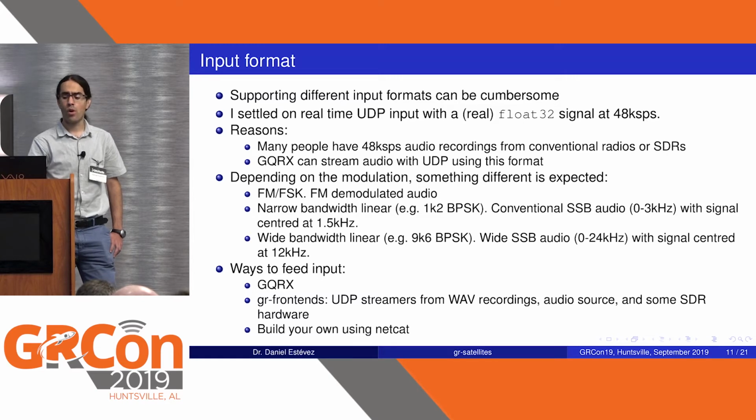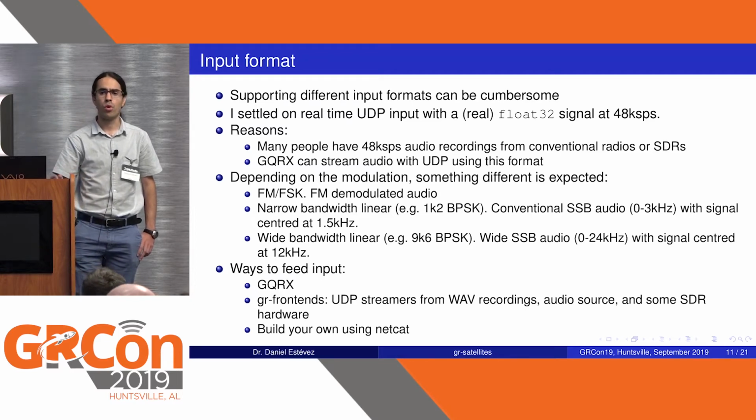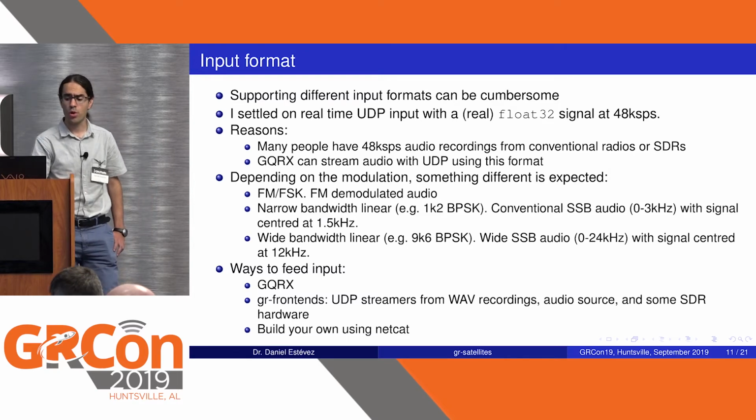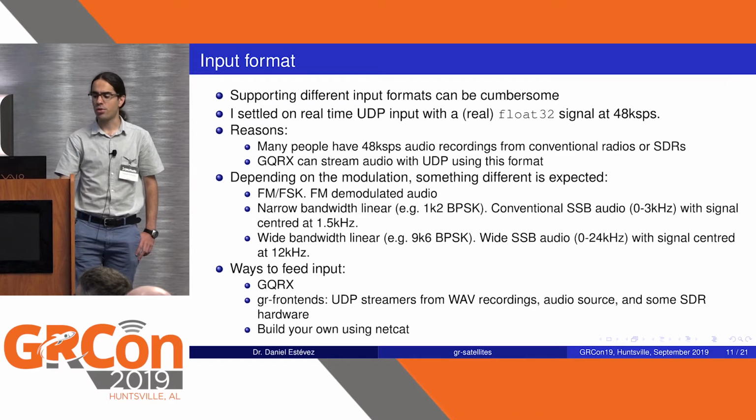If it's an FM or FSK signal, you need FM demodulated audio. So the kind of audio you would get from setting your ICOM or Yaesu or Kenwood radio in FM mode. This is so that you can use a conventional radio also for this kind of mode. If it's a narrow bandwidth linear signal, for example, 1.2 kilobaud BPSK, you need to feed in a conventional SSB audio, so from 0 to 3 kilohertz passband, with the signal in the middle of the passband, again, so that you can use your conventional radio.